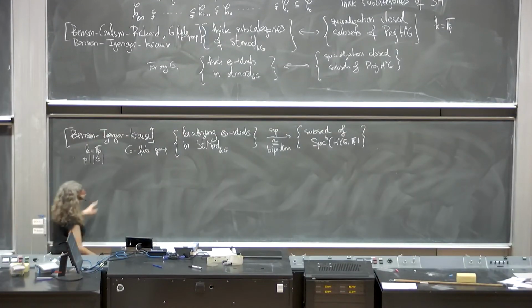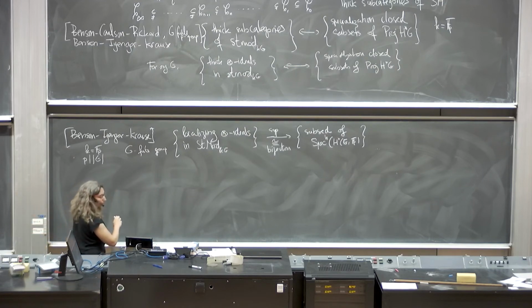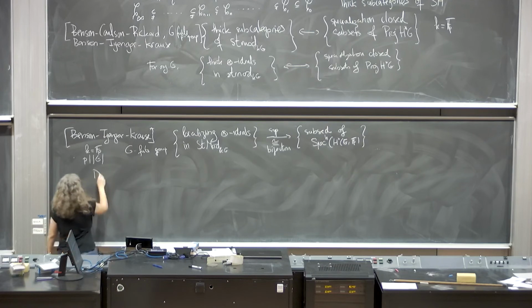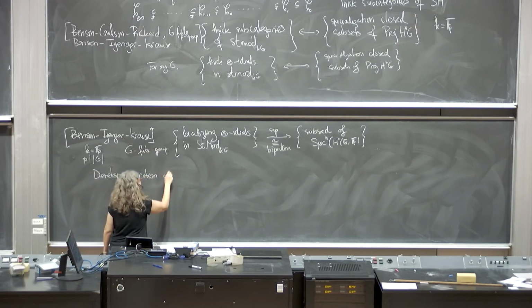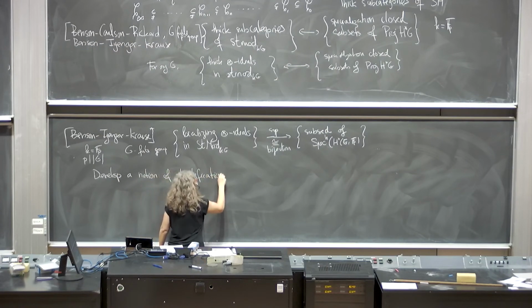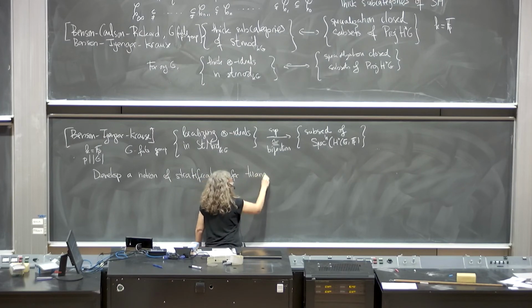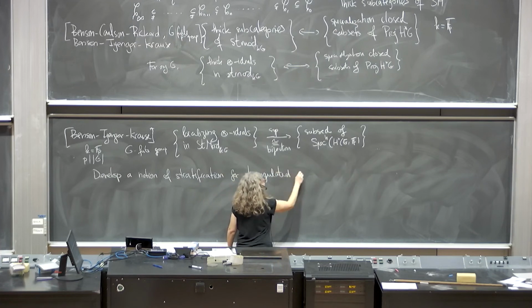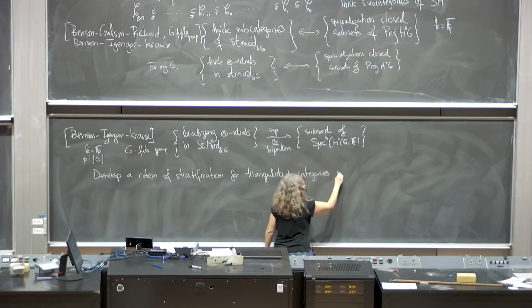Okay, so this is an example, and then what they did is that they developed a theory for tensor-triangulated categories, which is previous to these results, but they also develop a notion of stratification for triangulated categories with an action of a ring.